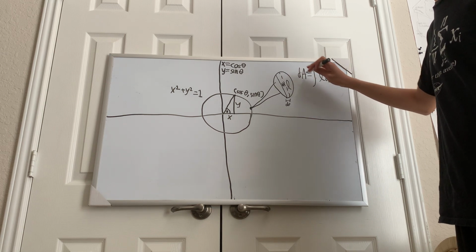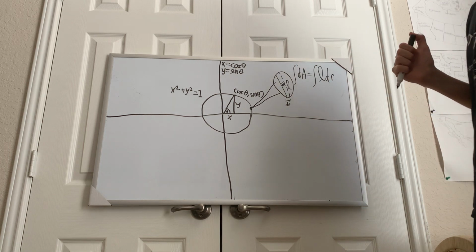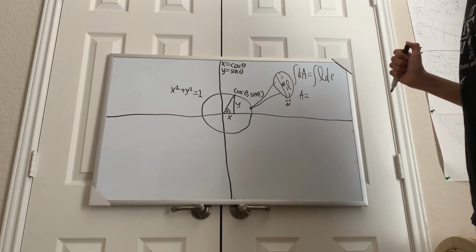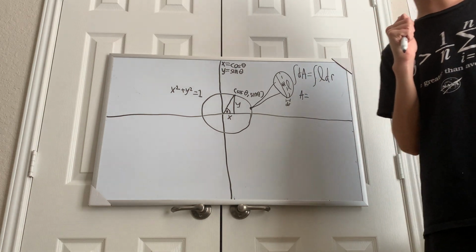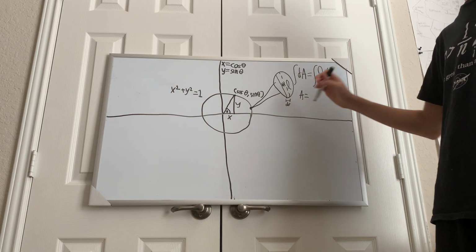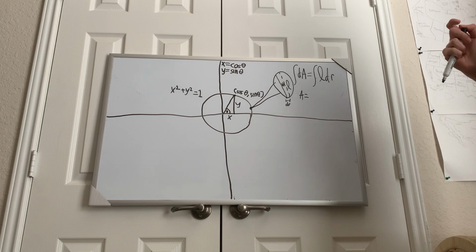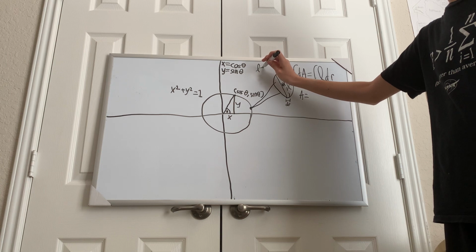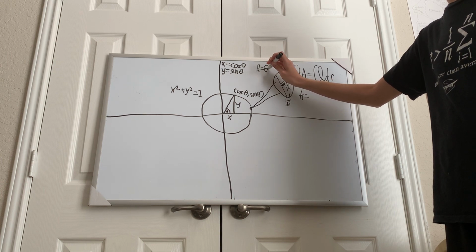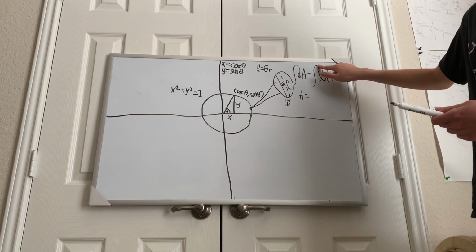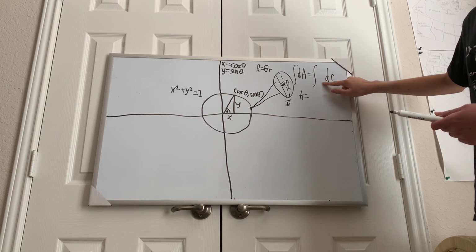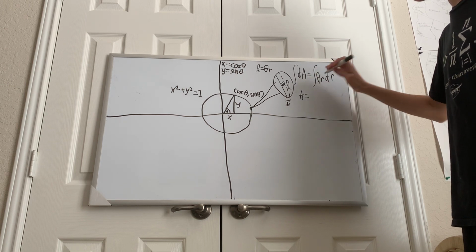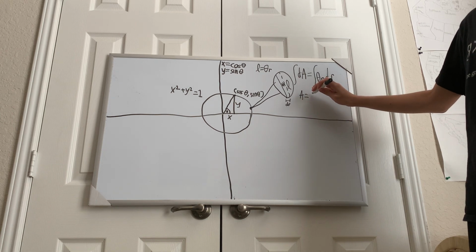And now we can integrate. So A is equal to, we can't integrate this yet because L changes as R changes by an infinitesimal amount, and that amount, by the definition of a radian, L equals theta R, is going to be equal to theta times R. So now we can integrate.